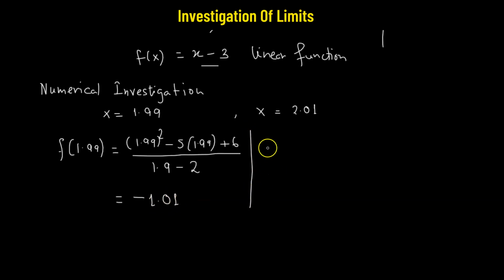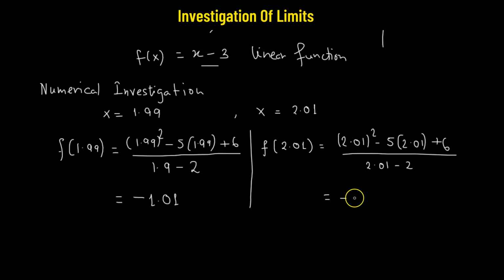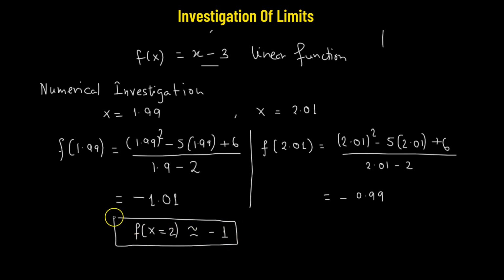And let's find the value of the same function calculated at x equals 2.01. This gives us 0.99. So numerically we can say that the value of the function at x equals 2 is approaching the value -1. Then again, this is not a proof, this is just a way of checking what the value of this function will be in the neighborhood of x equals 2.